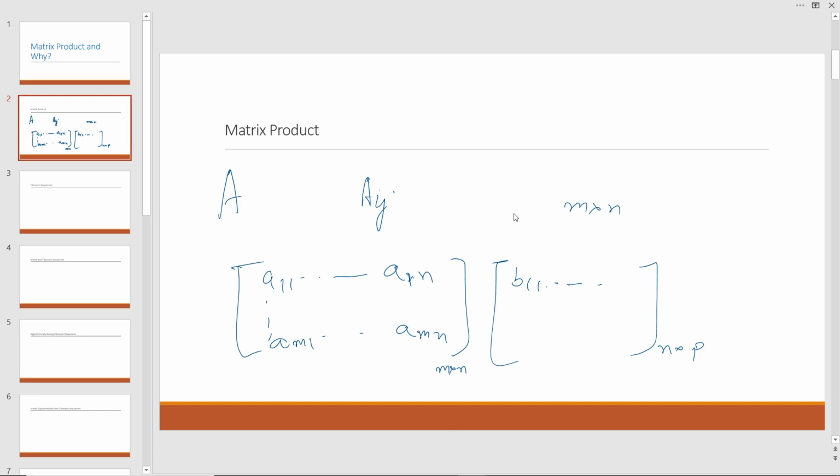But let's focus on the simple matrix product for now, and leave the Kronecker product.